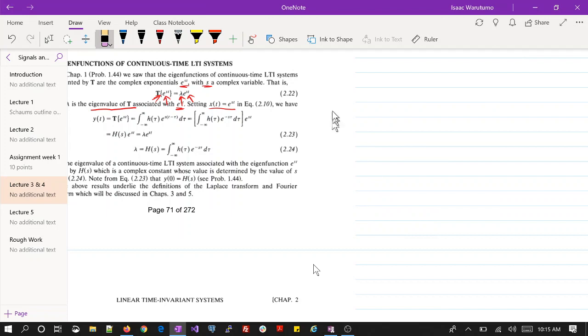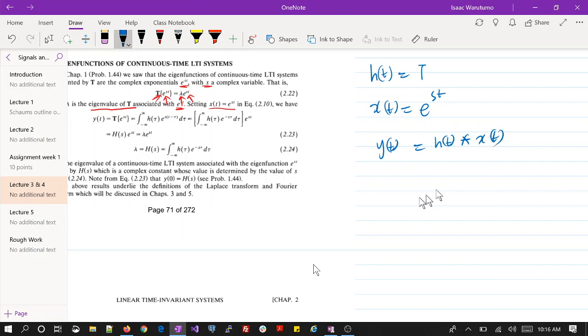Assume you have an impulse response h(t) described by T, and you have an input x(t) equal to e^(st). Therefore, we expect y(t) to be h(t) convolved with x(t).